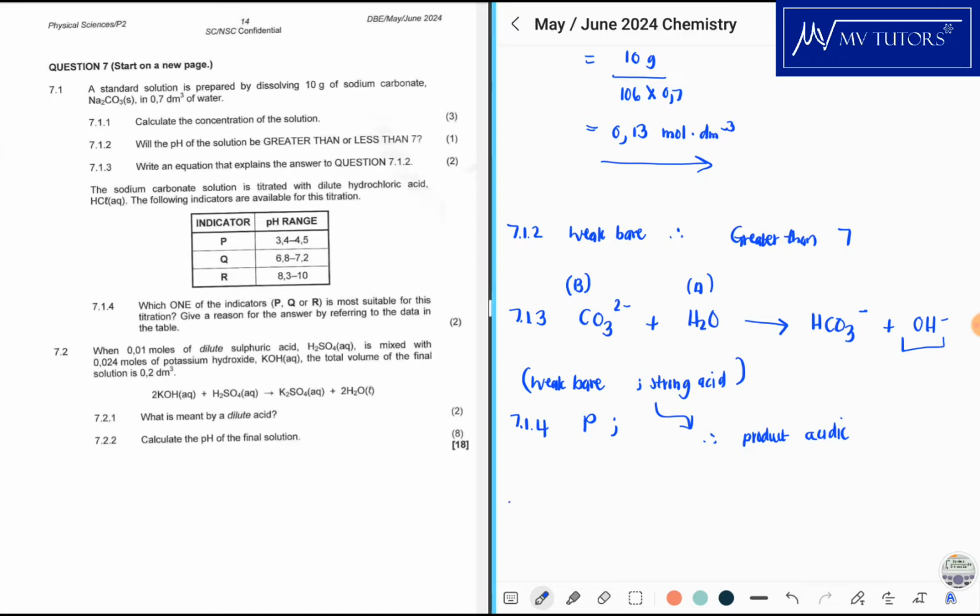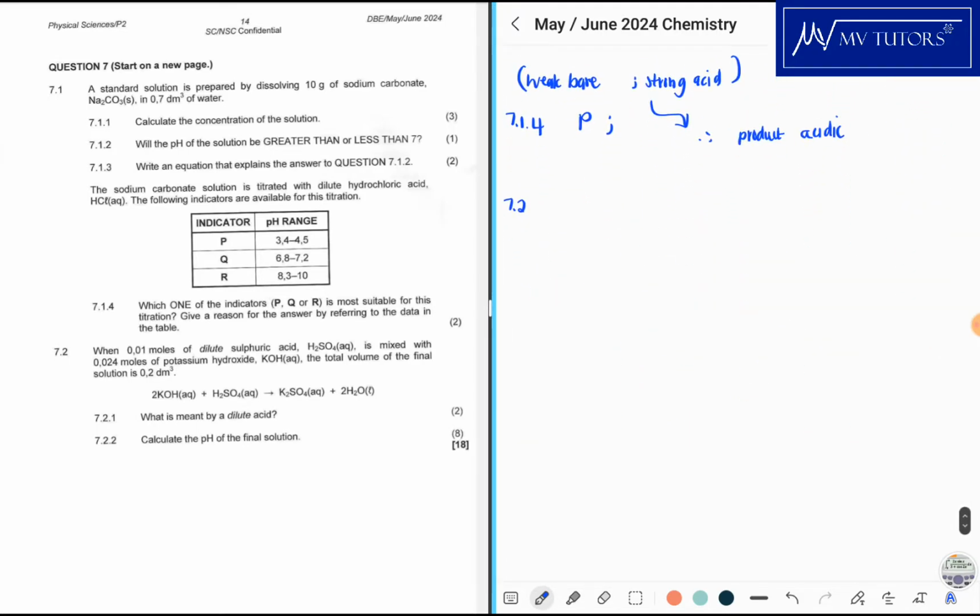All right, now 7.2. So it says when 0.01 moles of dilute sulfuric acid is mixed with 0.024 moles of potassium hydroxide.